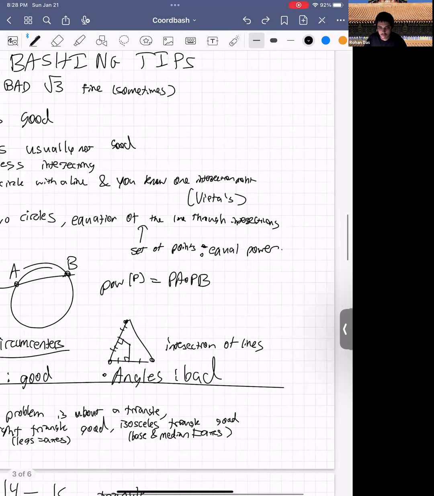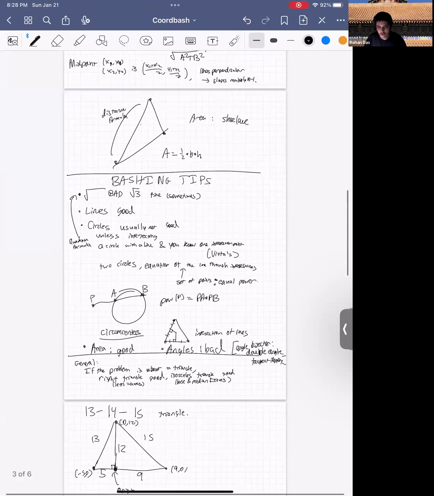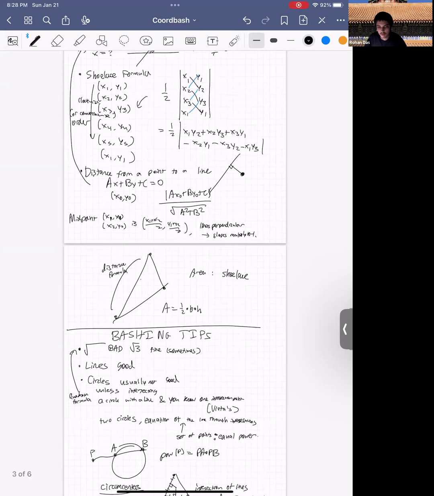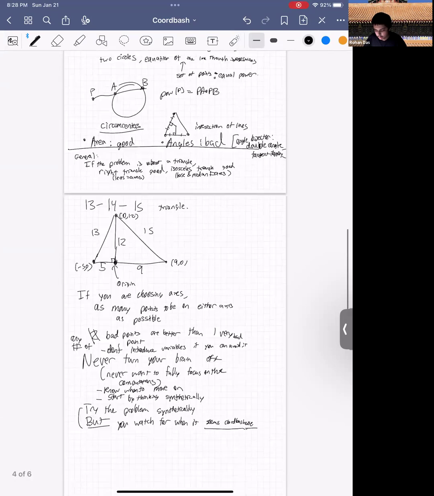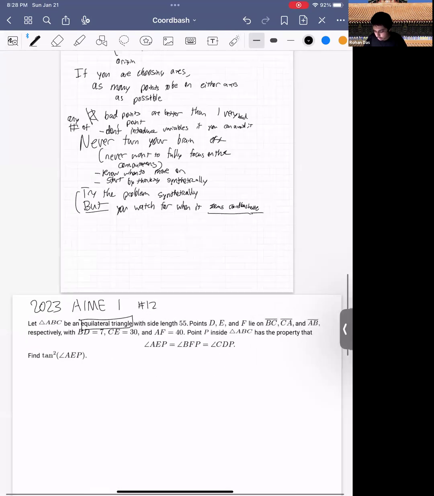But one thing to remember is if you have an angle bisector, it can be feasible, but you will need to use the double angle tangent identity, because then you can think of the tangent as a slope and you can find the slope of the angle bisector. Anyway, back to the problem.